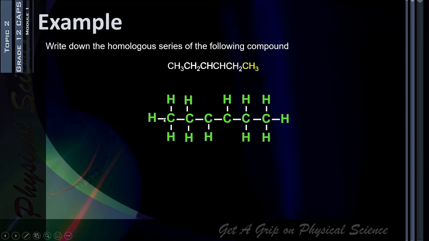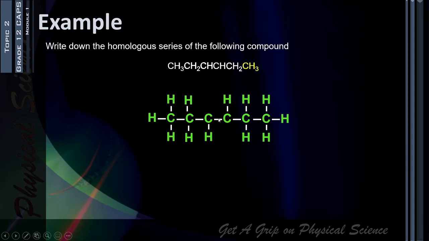So if you start from the left and you make sure that each carbon is bonded to 4 other atoms, you will see that the first one has 4 bonds, the second one 4 bonds, but the third one and the fourth one only have 3 bonds each to other atoms.